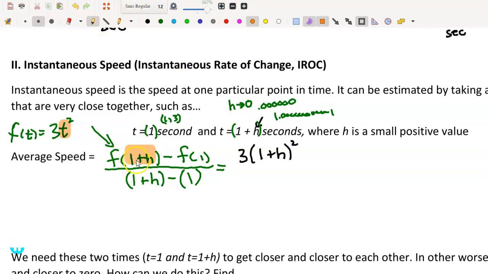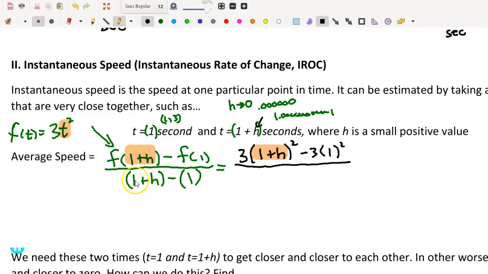You see how I just took this 1 plus h and substituted it in for t, so the 3 is still there, the squared is still there, and now there's a 1 plus h instead of the t. And same thing here, we'll go 3, and substitute in 1 for t. So it's just 3 times 1 squared.